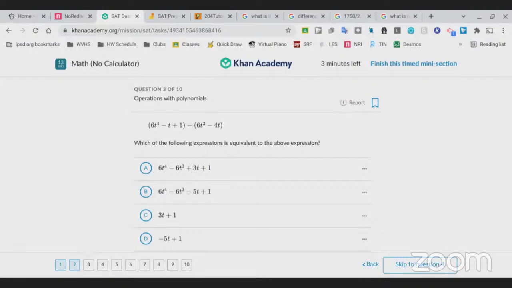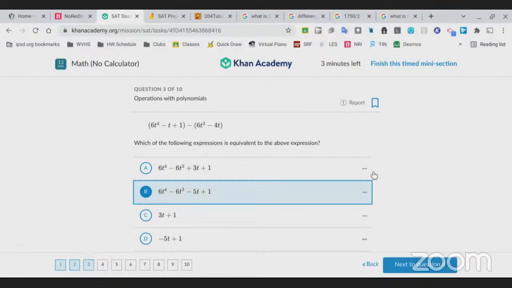Okay. So would this be it? Nope. What happens to the negative? Distribute that negative into the negative 4t, and what does it become? Oh, yeah, it's going to become that. You see how smart they are? They knew you were going to guess that.